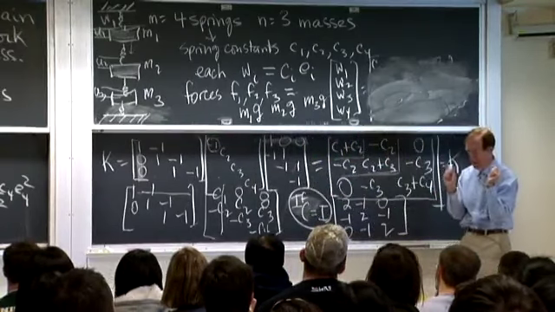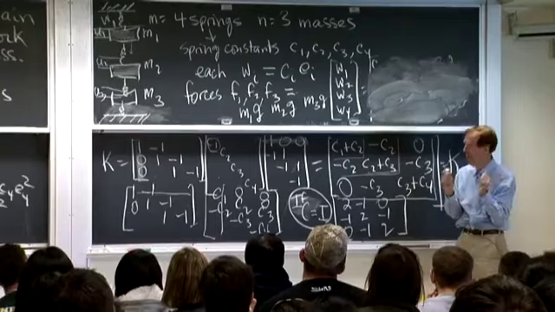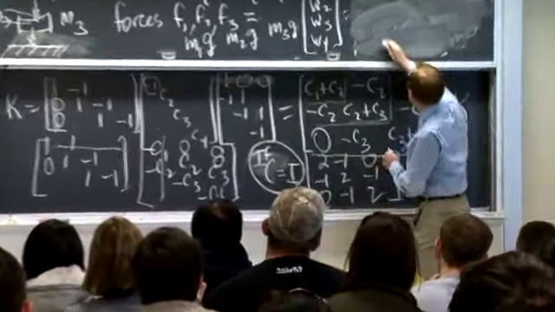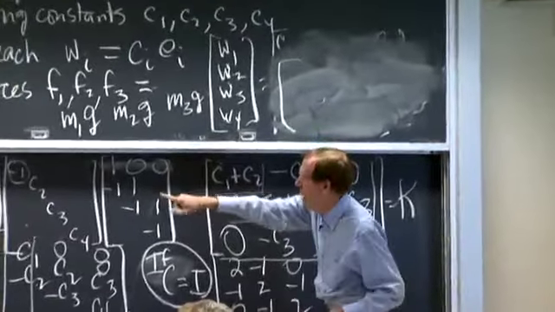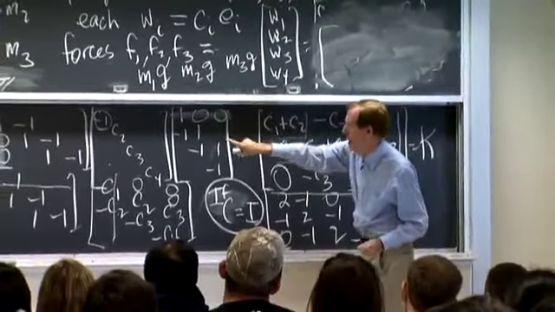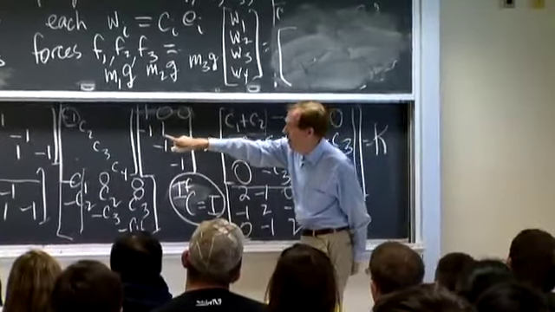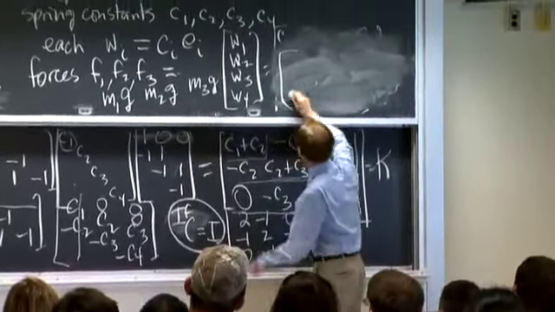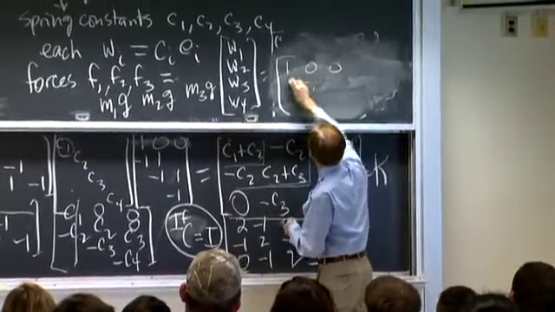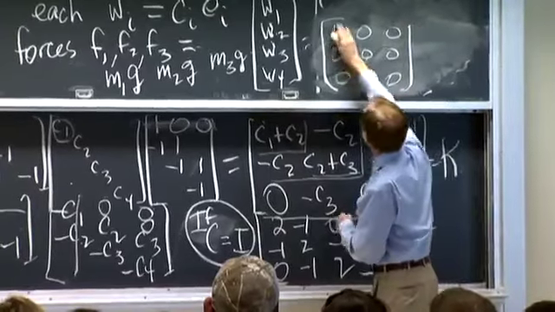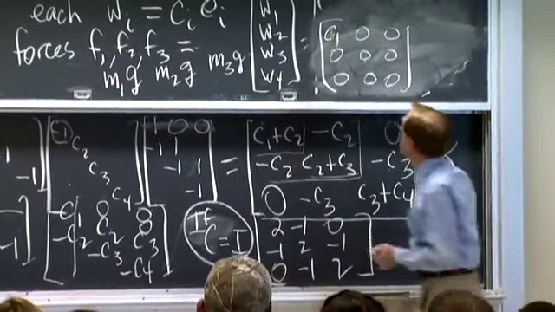Columns times rows is a totally legitimate way to multiply matrices. That column times that row, and then the C1 comes into it.